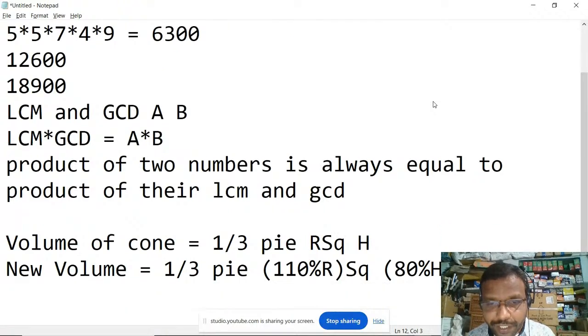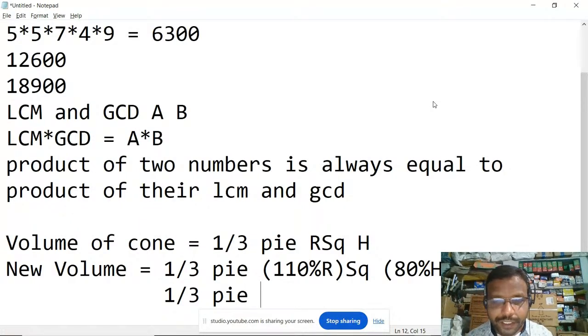So if you have to calculate 1 by 3 pi, 110% means 110 by 100, so 110 by 100 means 1.1. Is it okay to everyone?